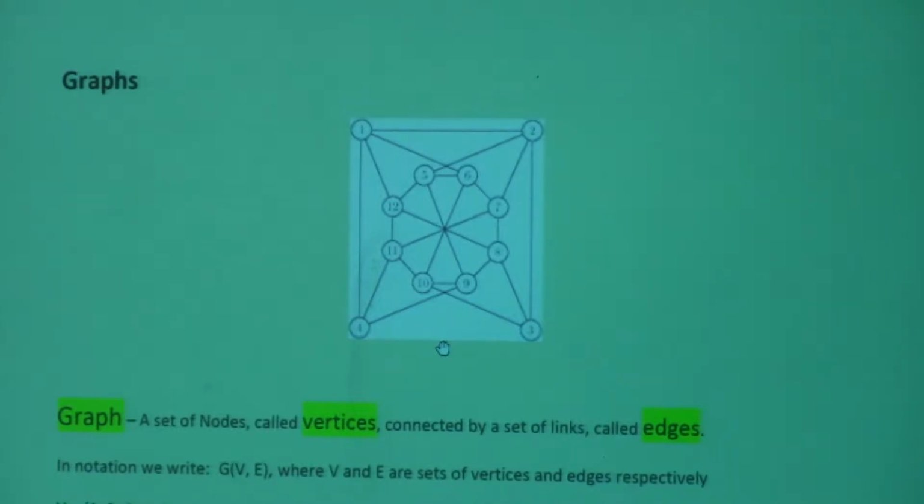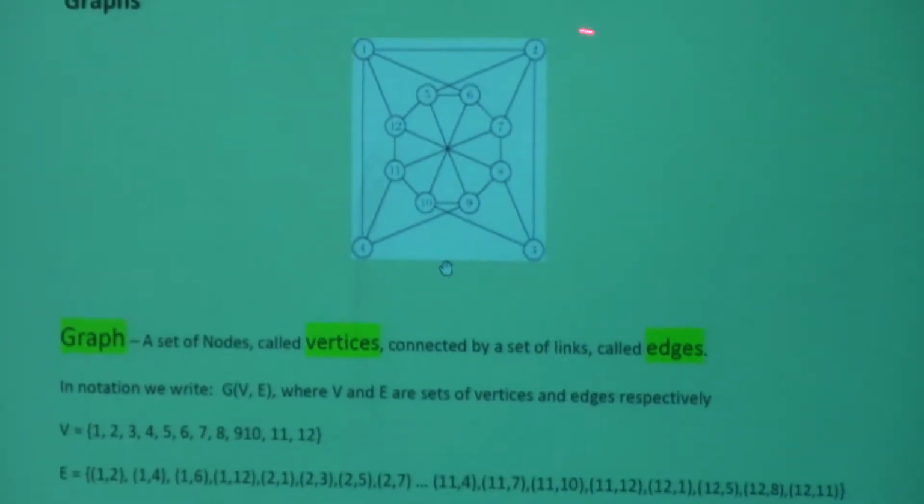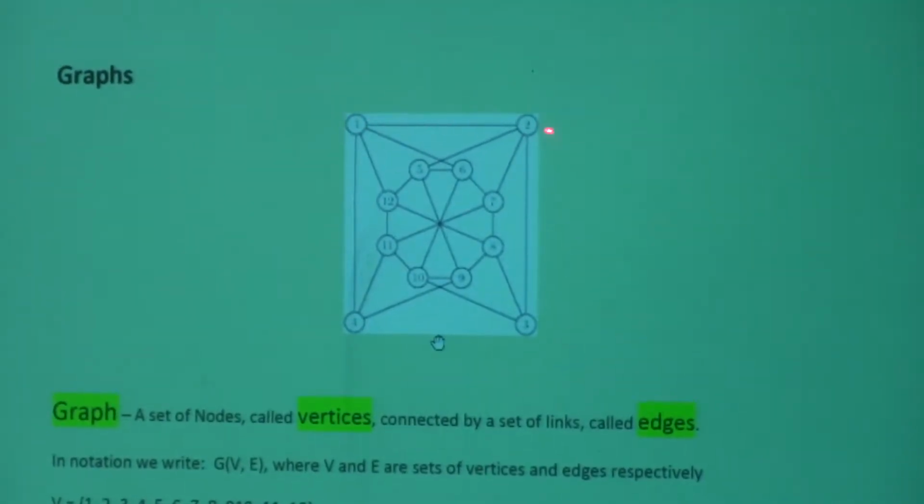Put it that way. Okay, so if you look at this picture right here, notice that all of these little circles represent what we call nodes, or sometimes vertices. A vertex can represent basically any little piece of data that we want to put into it. And the connection between two vertices is an edge.